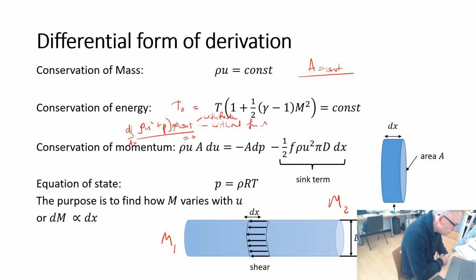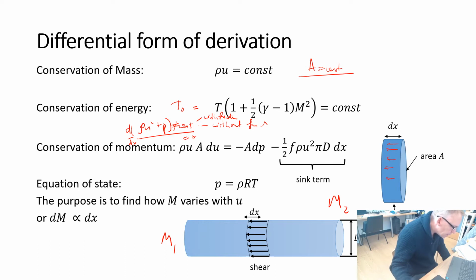Conservation of momentum. For this we need to appeal to a differential volume for the pipe itself. So take a slice of the pipe and analyse what the forces on it are. We've got friction around the perimeter.